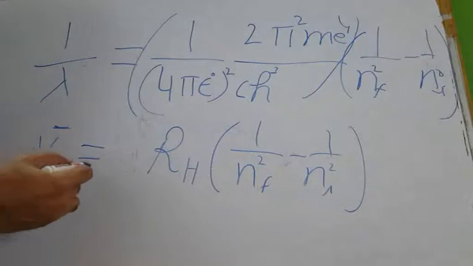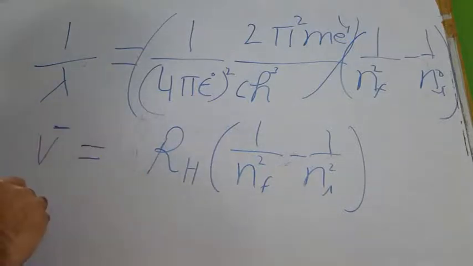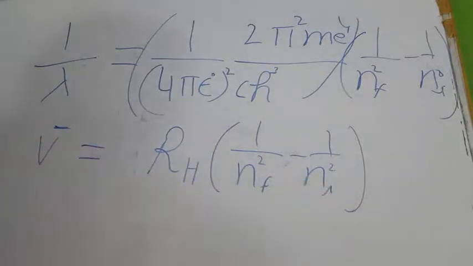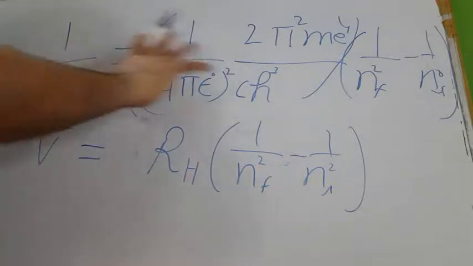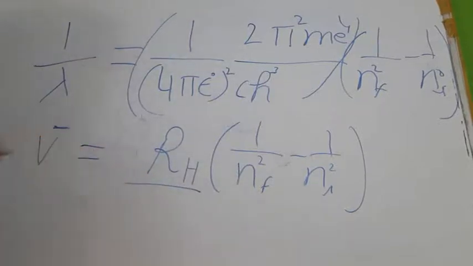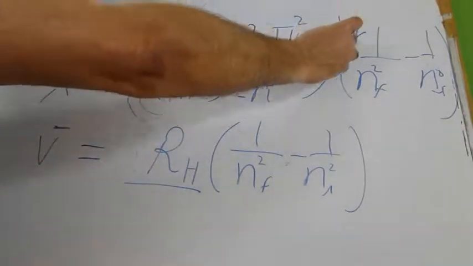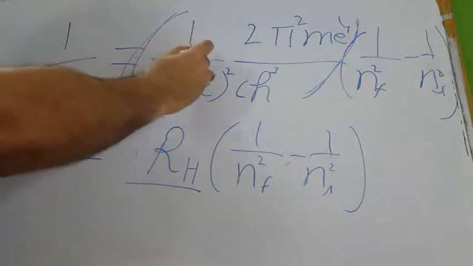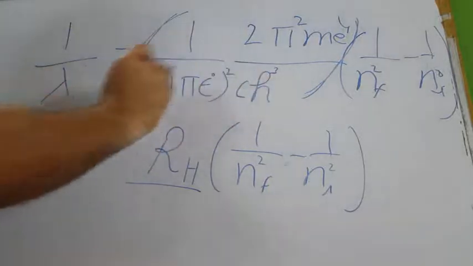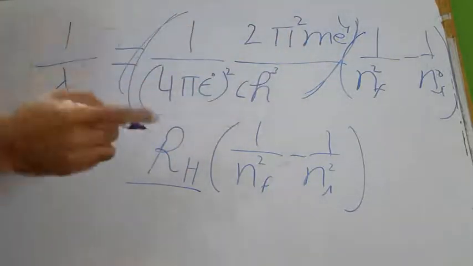This is the equation that is given in your book. Its derivation is not in your syllabus. I have derived all this to make your concept clear about where this RH has originated. RH is 2 pi square m e to the 4 upon 4 pi epsilon 0 whole square c h cube. This is a constant for the hydrogen atom.